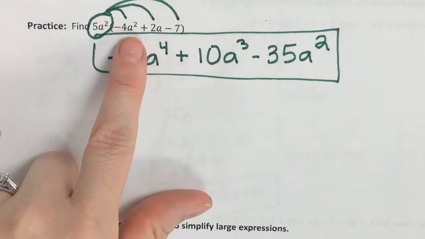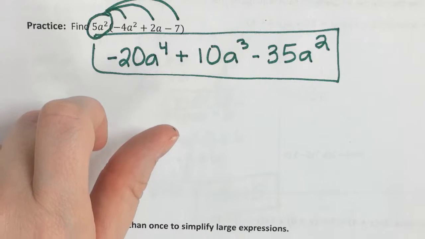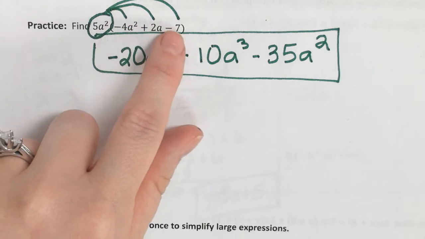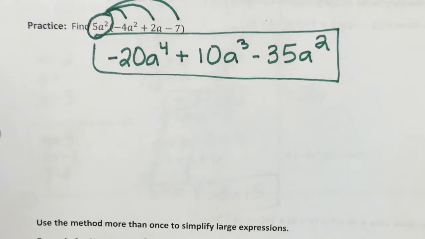Are you talking about adding what's inside of the parentheses first? No, your answer, like negative 20 plus 10 minus 35. Well, let me show you a less complicated version.